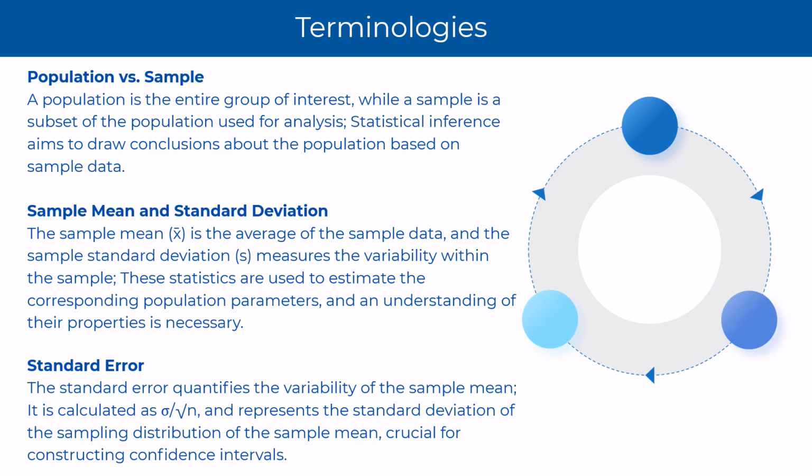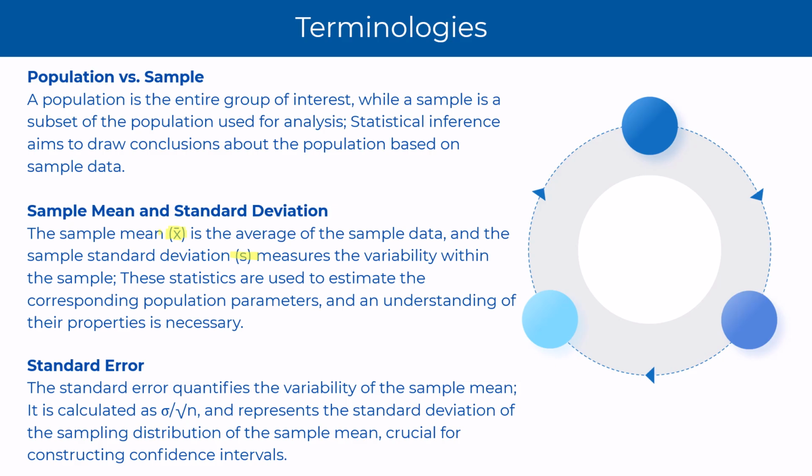Next would be the sample mean. The sample mean is represented by X bar. It's just the average of the sample data. And the sample standard deviation, represented by S, measures the variability within the sample.